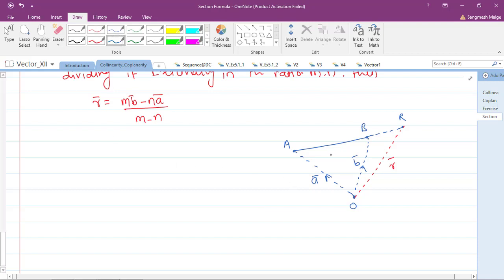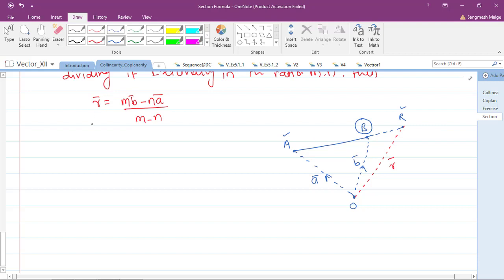Here, if you observe very carefully, you can look at this question as an internal section also. How? Take the segment AR and observe that this point B is dividing the section AR internally in the ratio m is to n, we can say.